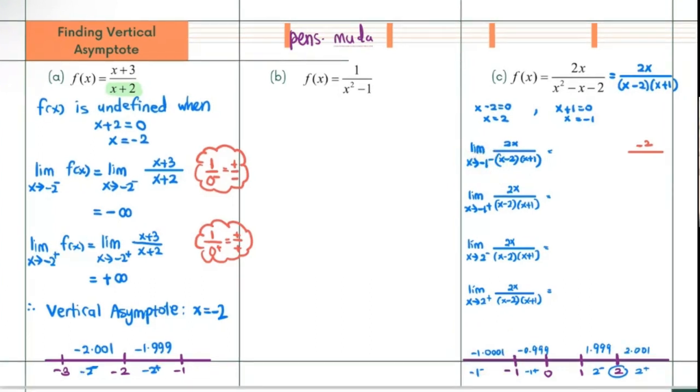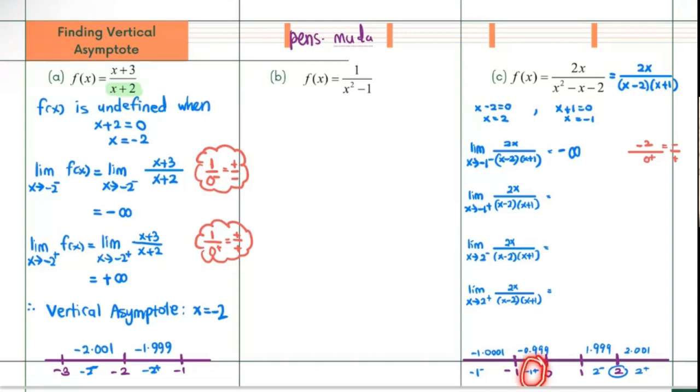Dan saya akan dapat value positif. So, maksudnya ini adalah 0 yang positif lah. Okay, so here kita ada negatif bahagi dengan positif. Negatif bahagi positif dapat apa? Negatif infinity.